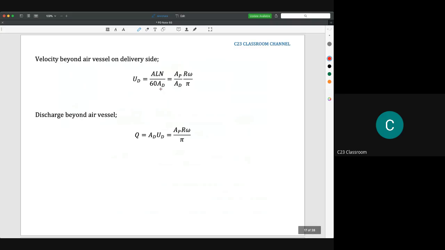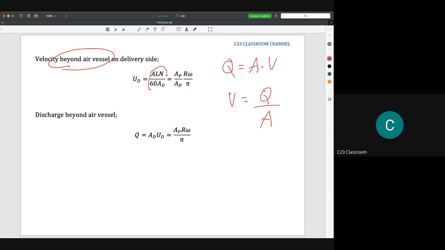And then for that situation, we found that the flow becomes steady. So we need to calculate our velocity beyond the air vessel by using the idea of steady flow, meaning the continuity equation, which is Q equals AV. So V is equal to Q divided by A. That's why we have ALN over 60 divided by the cross-sectional area of the delivery pipe.